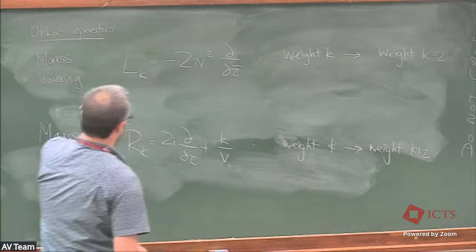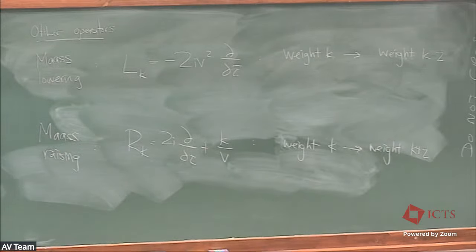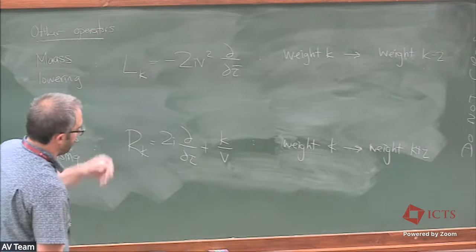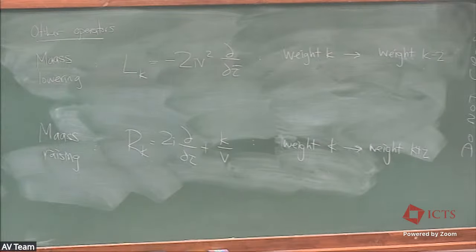Though these do not preserve the eigenvalue of the Laplacian. For harmonic Maass forms, the eigenvalue of the Laplacian is 0. But actually, these both mess with the eigenvalue of the Laplacian. And so neither of these operators preserves spaces of harmonic Maass forms, though they do act on spaces of more general Maass forms of general eigenvalues, with a specified action on the eigenvalue.